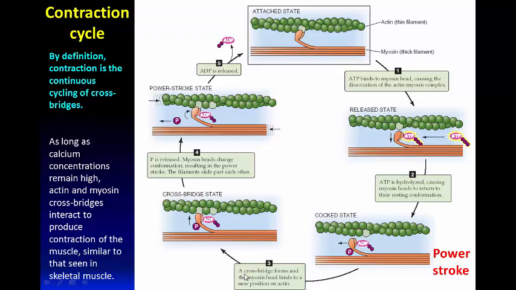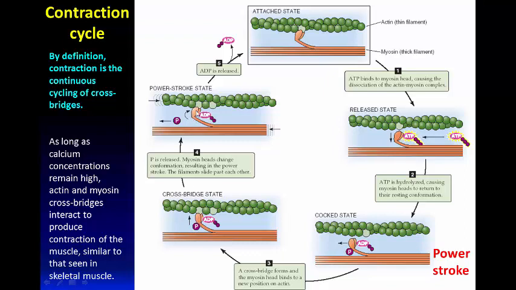Then a cross bridge forms, and the myosin head binds to a new position on the actin filament, to a new molecule in the thin filaments. The inorganic phosphate is released, and when it is released, the myosin heads change their conformation. Look, this is the resting conformation.